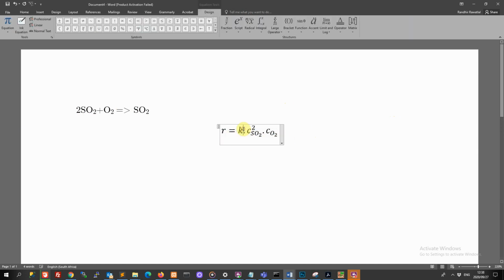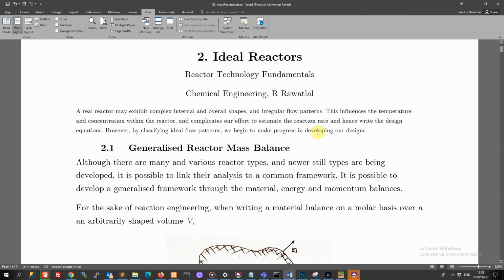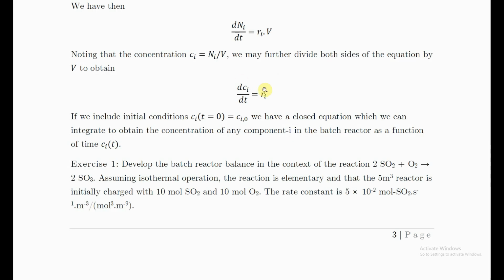And in the problem, we are told the value of the kinetic rate constant. So we are given the K, and then the concentrations are actually the variable of the equation. So if we look here in the notes, what we said is this is the balance.